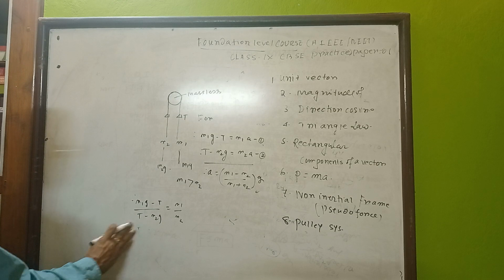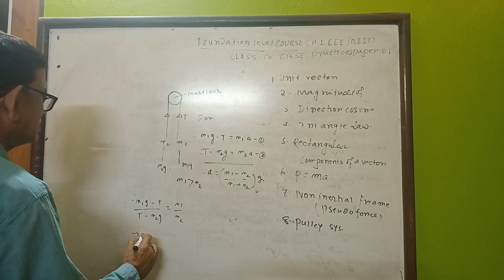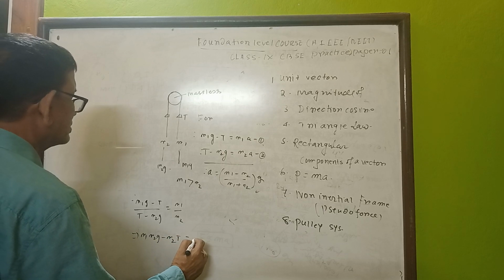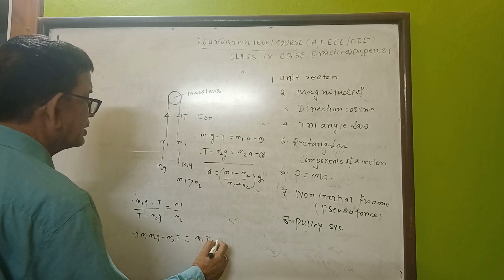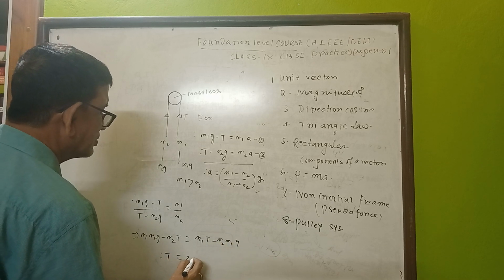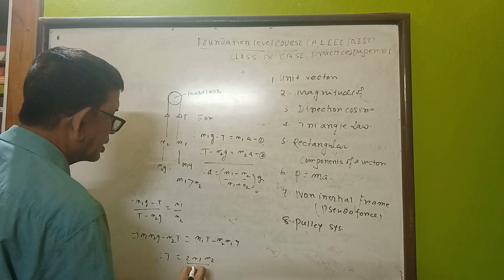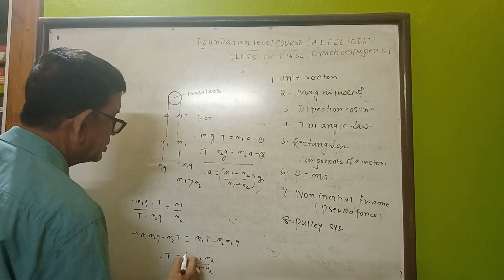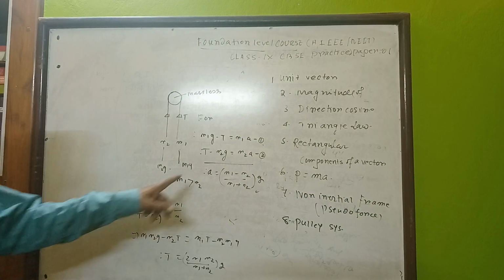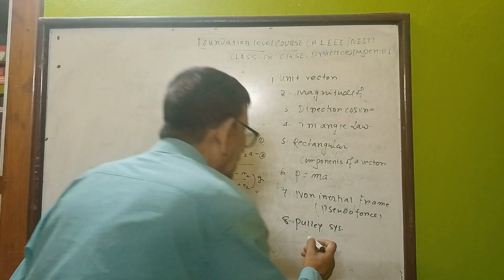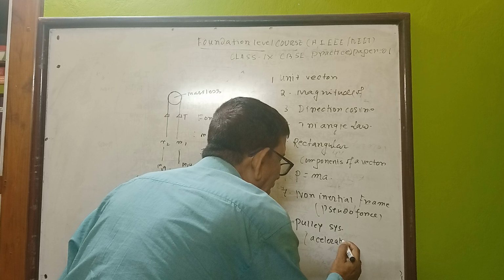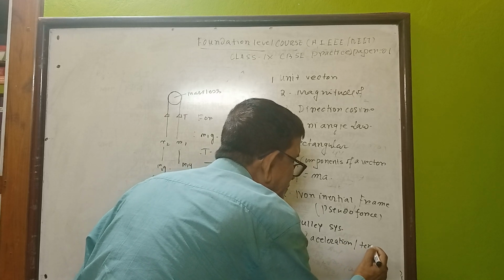If you cross multiply, then you get M1T minus M2M1G equal to M2M1G... and T comes out as twice M1M2 by (M1 plus M2), into G. So for the pulley I am calculating acceleration as well as tension.